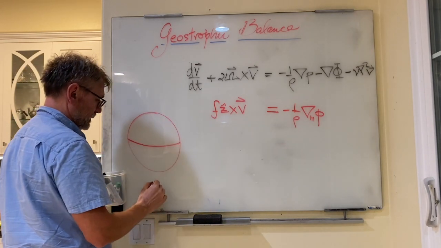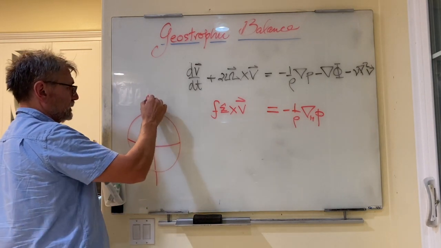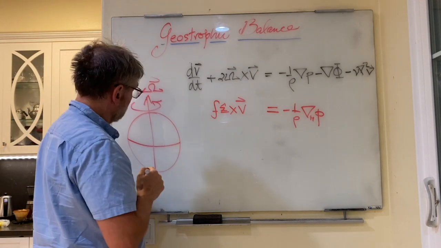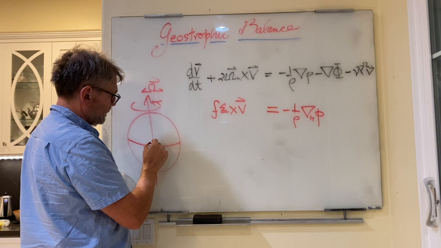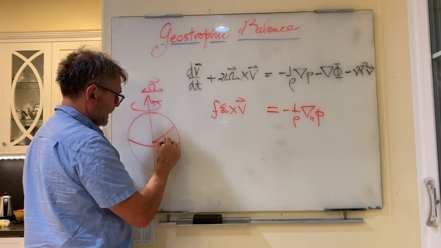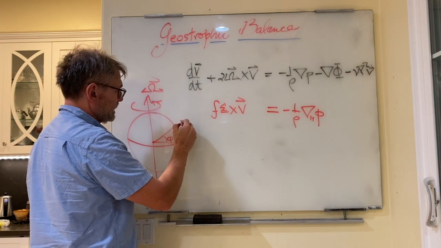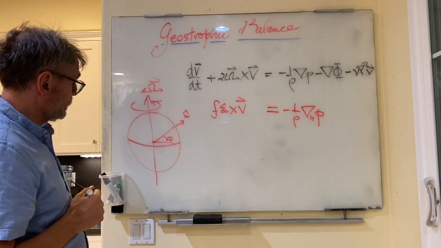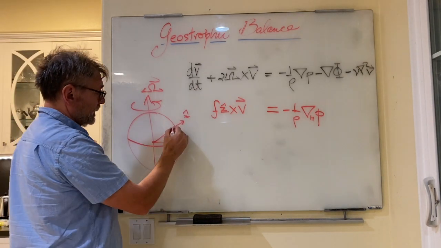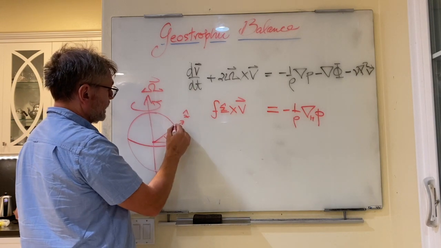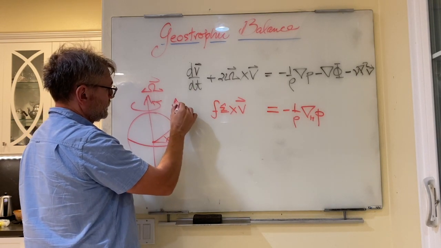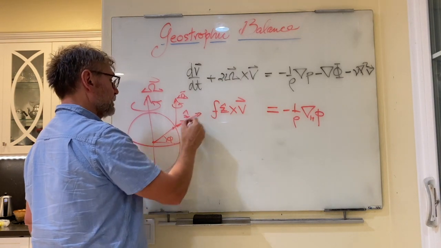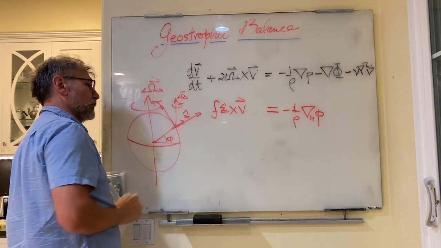So this is the Earth. Omega is the spin axis, like this. And if this is the center of the Earth, and this is the latitude phi, then z hat is pointing outwards, normal to the surface of the Earth, or normal to a geopotential. Then we can break down omega into two parts. If this is omega, we can break it out into a component in the vertical and a component along the horizontal.